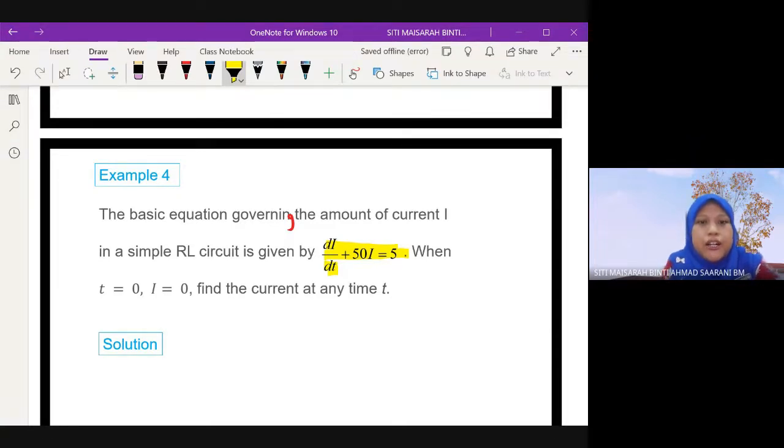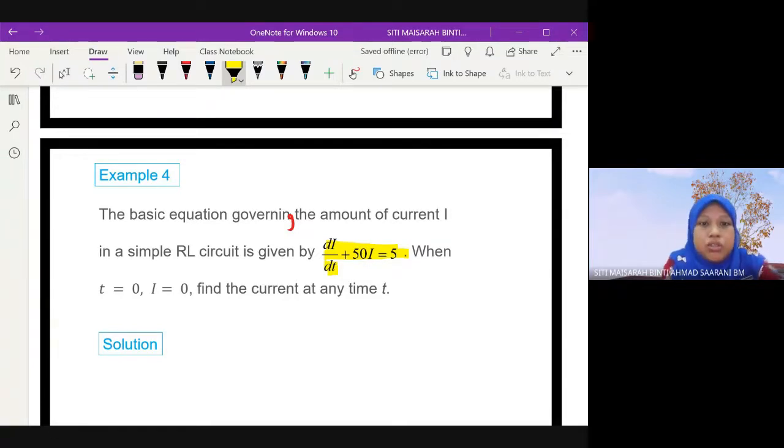Mungkin dia bagi tu bentuk yang belum standard. Kalau macam ni dia standard, di dt plus P in term of T I equals to Q in term of T. Kadang-kadang mungkin dia bukan bagi dalam bentuk standard lah. Awak kena adjust lah, sampai dia punya depan ni di dt ni mesti constant dia 1.